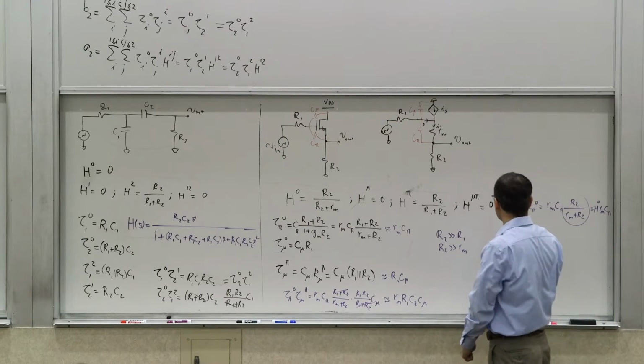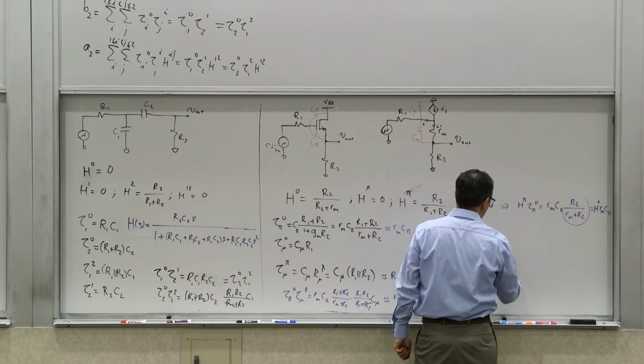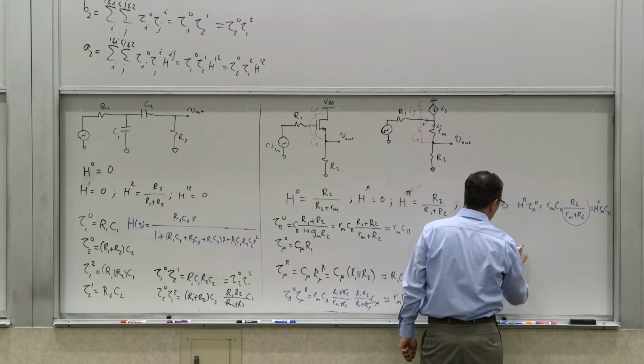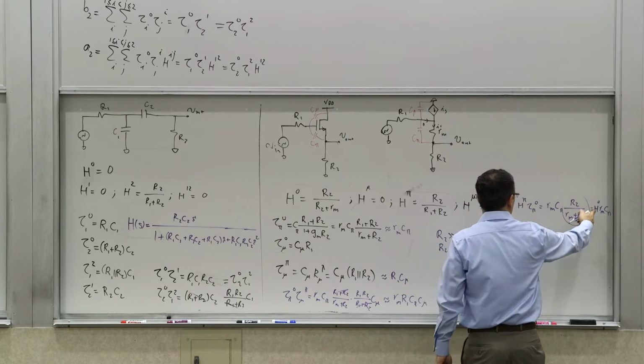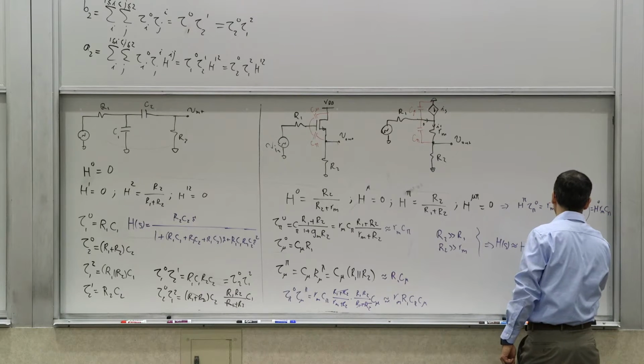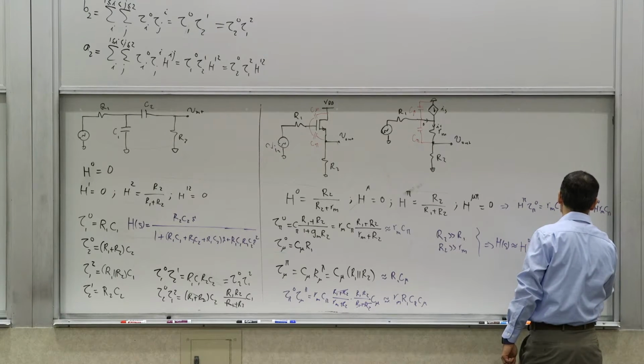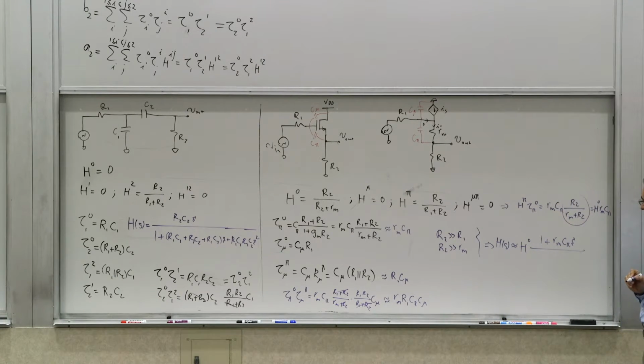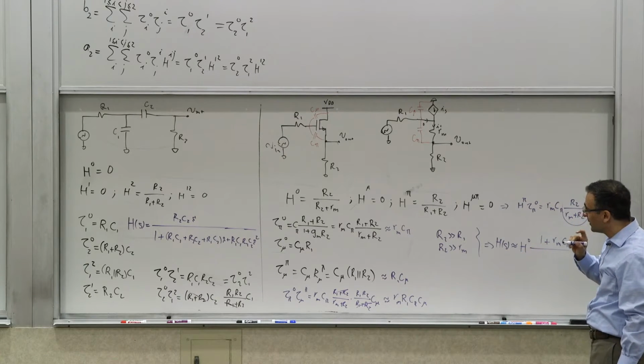So if I do all of these things now, then h of s is going to be approximately H0, which is written there, times 1 plus Rm C pi s. Okay? Now what do you get from the denominator?